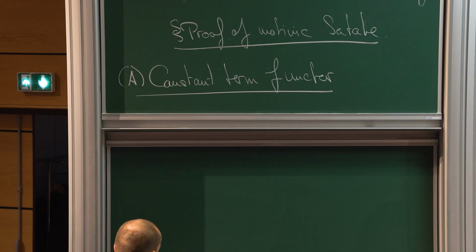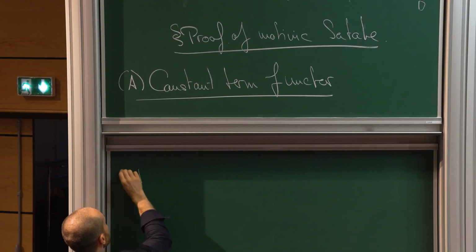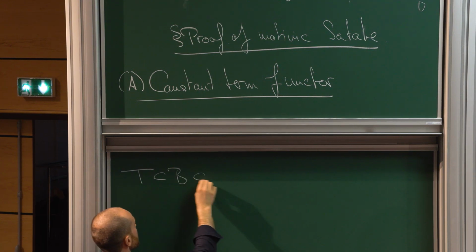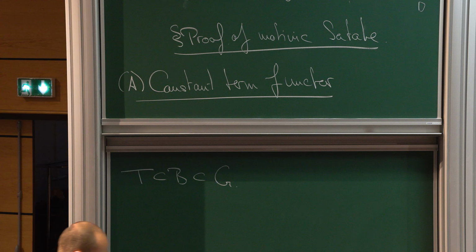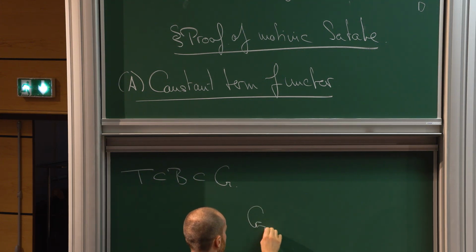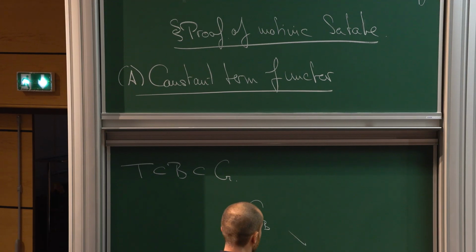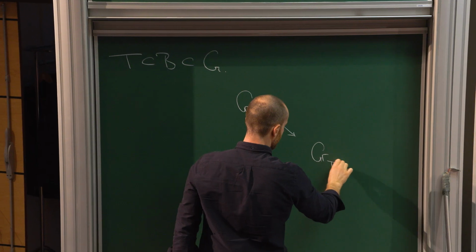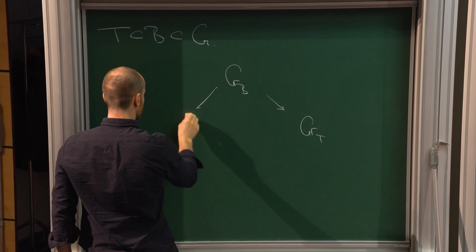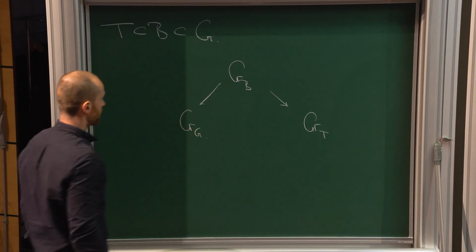Okay, so it's about constant term functors. And here, let me fix a split maximal torus in a Borel in G. And you look at the following correspondence, namely on the level of affine Grassmannians first. Like so.